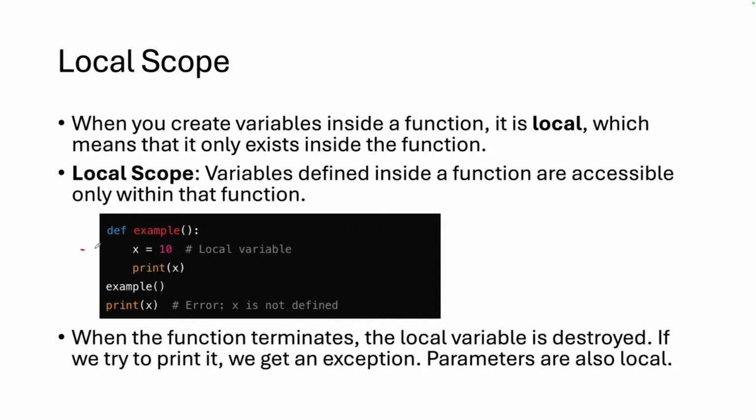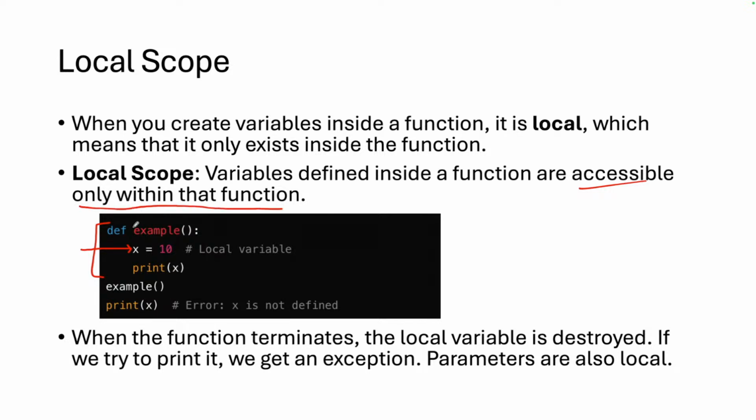So this x exists and is known to this function, but it is not known globally to the program. A local variable is defined inside of the function, and it's accessible only within that function.